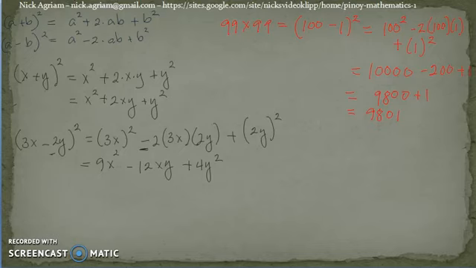Or you were asked to multiply 205 times 205. Then you can use 200 plus 5 squared. Then we have 200 squared, that is 40,000.